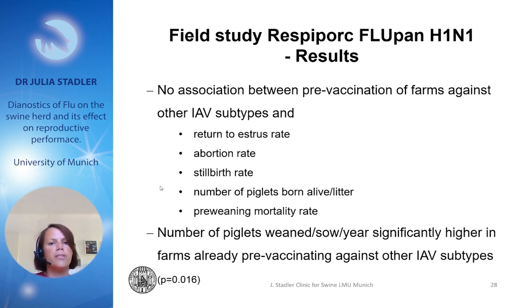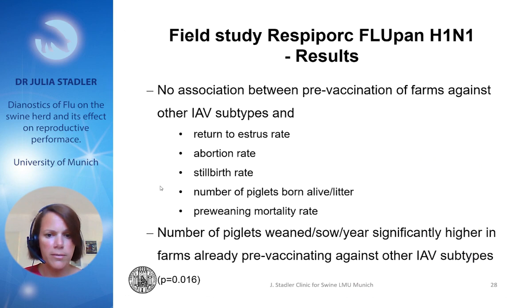It is known from literature that despite cross-reactions in the serum neutralizing test between pandemic H1N1 and other subtypes, there is no cross-protection between pandemic H1N1 and the other subtypes. And this was also confirmed by our results, because we found no association between pre-vaccination of farms against other subtypes and the majority of the assessed reproductive performance parameters, with the exception of one parameter.